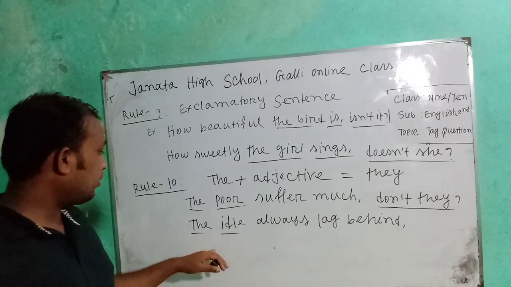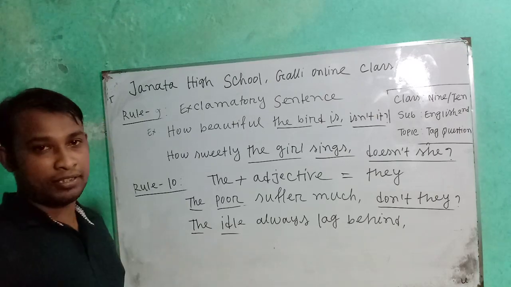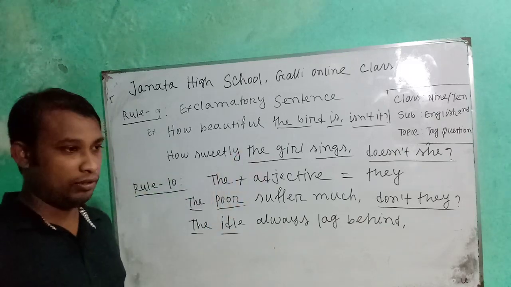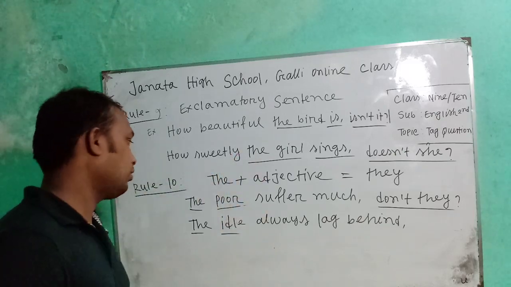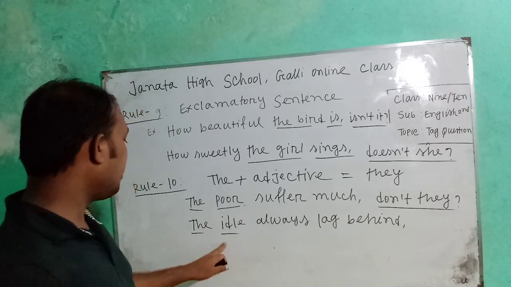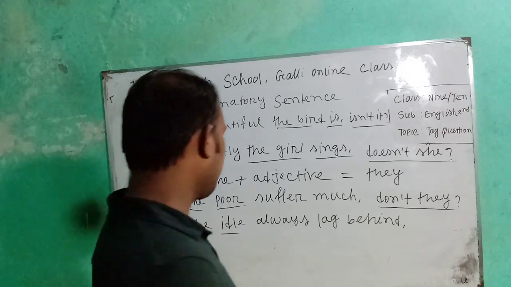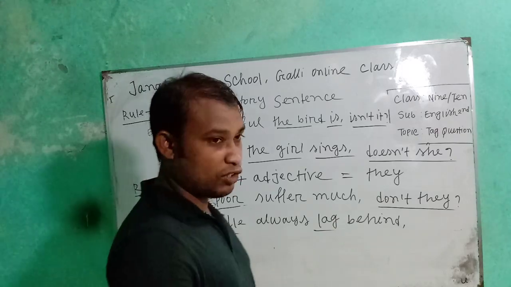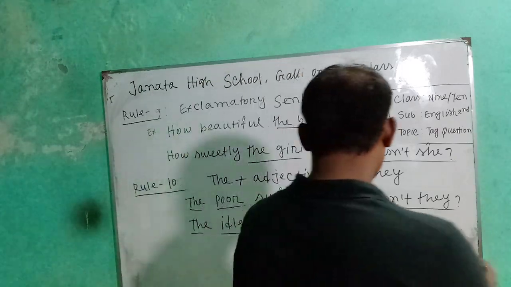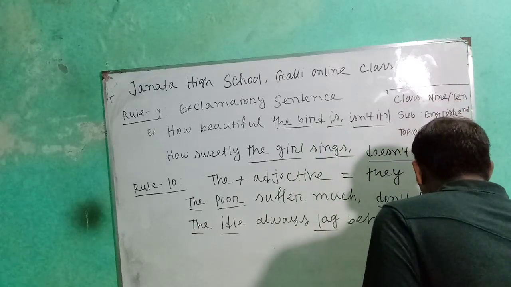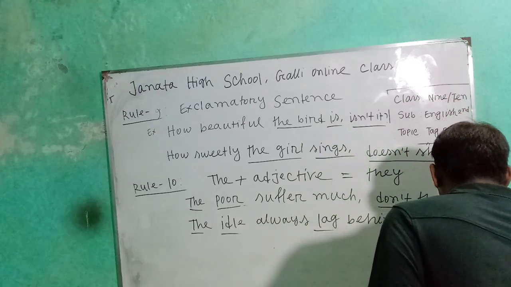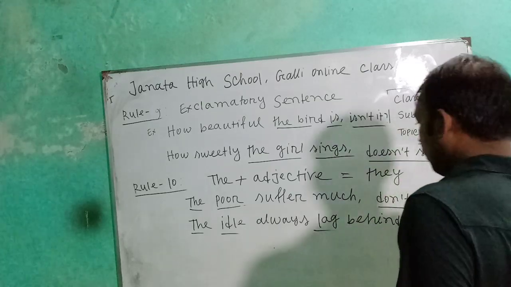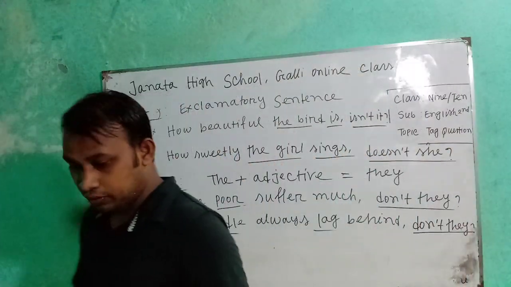It does not indicate one idle person. Actually, it indicates the whole idle people, all idle people. So we have to use they instead of the subject. Lag, present form; lag behind means fall behind. Don't they. Okay?